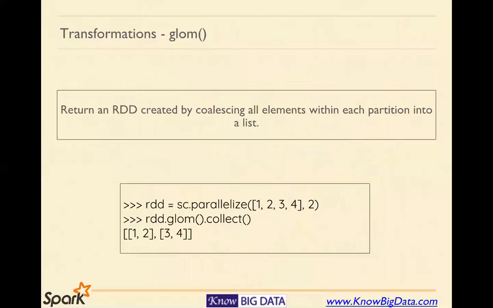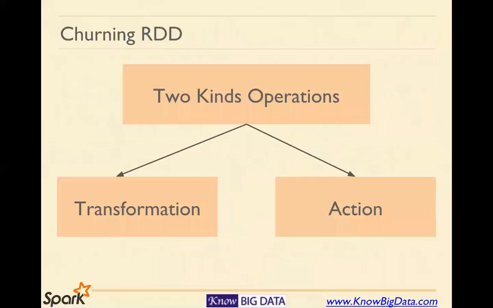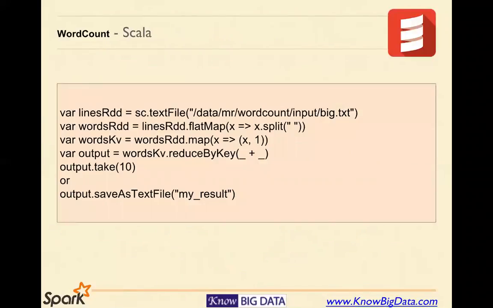Going back, the first few lines up to the take are basically transformations. The first one loaded the lines, the second one converted lines into words, the third one converted each word into a tuple of word comma one. The fourth one said reduce by key, meaning group the data by the key and then sum it up.